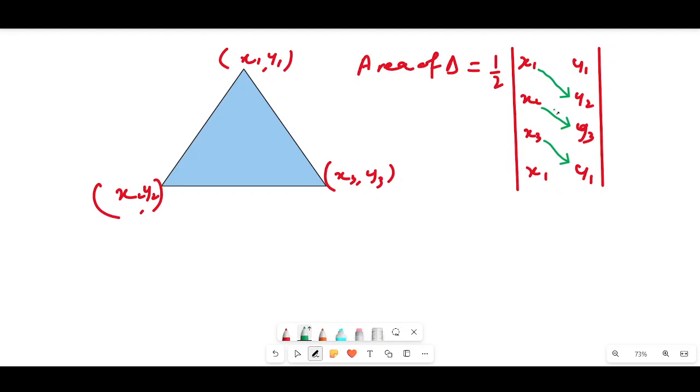In the same manner we will follow the rule for the other direction.